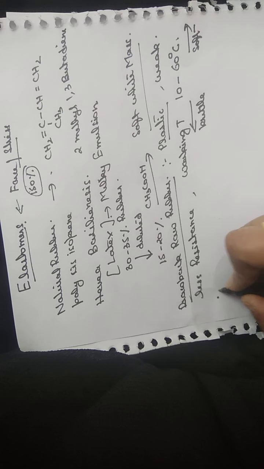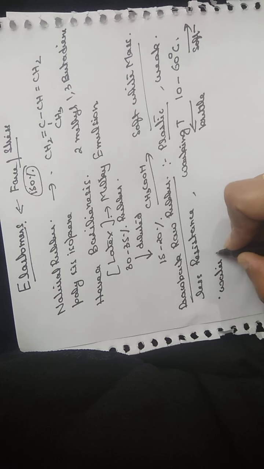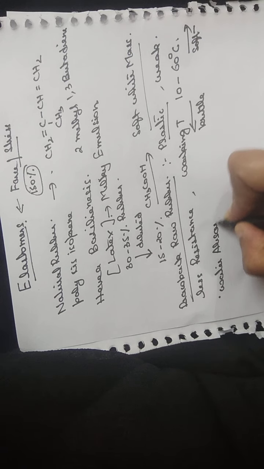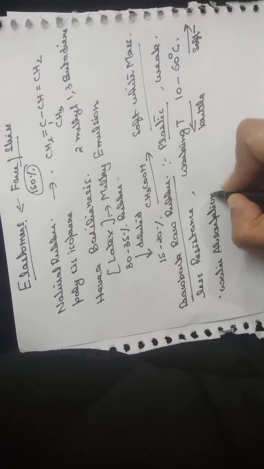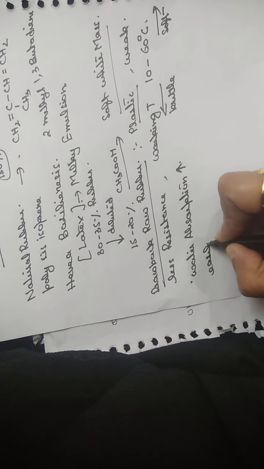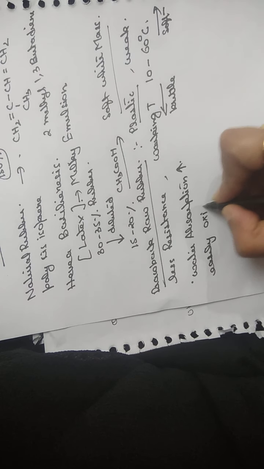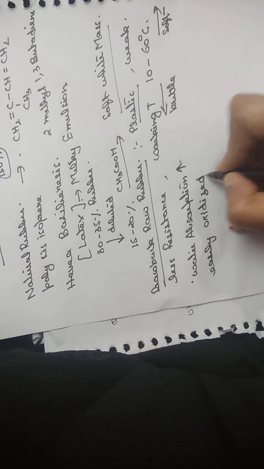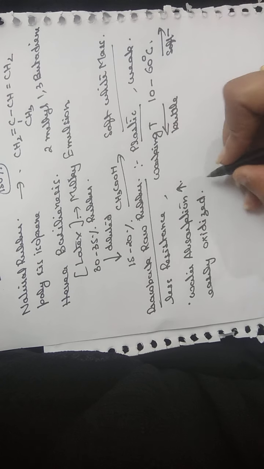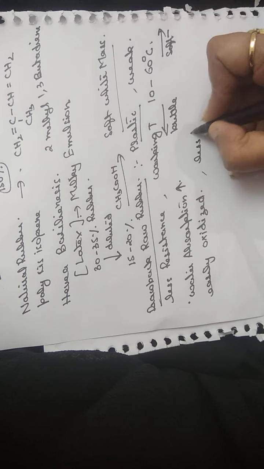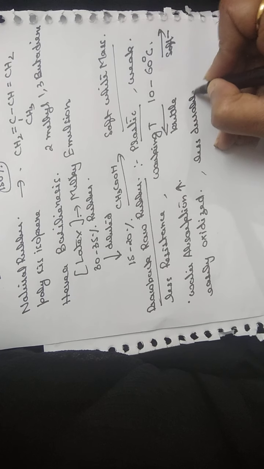Then water absorption capacity is very high. It can be easily oxidized. So raw rubber can be easily oxidized in the presence of oxidizing agents. It is not durable, so it is less durable, because it can undergo air oxidation.